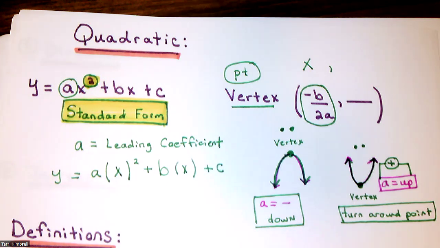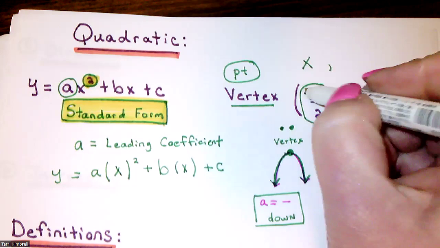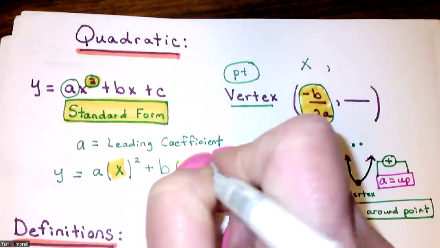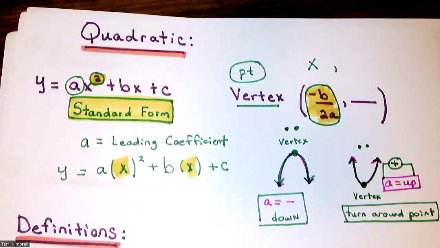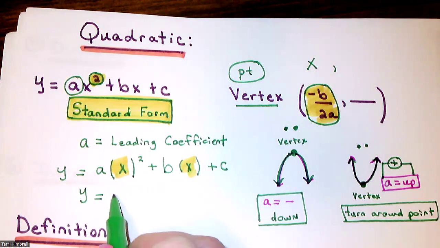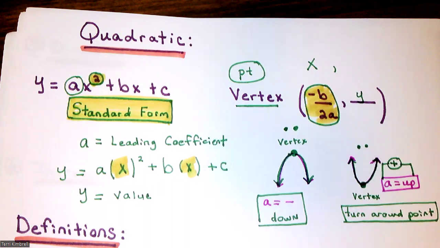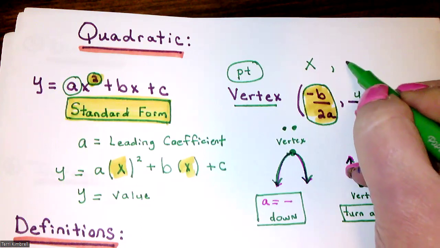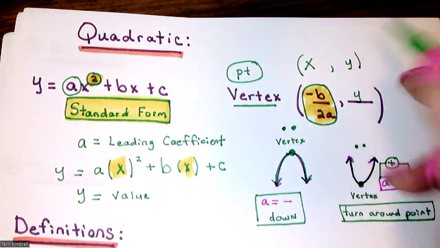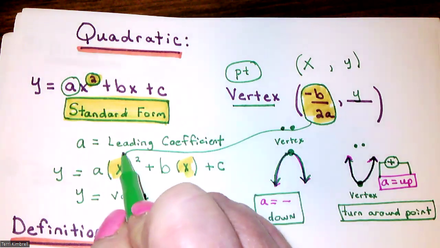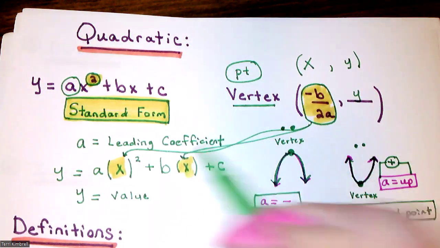So if I was to get this number to be maybe 4, it would go everywhere there is an x. Once you have plugged that in, you're going to get a value, and that will be your y. So in order to get your y, you have to substitute your x.